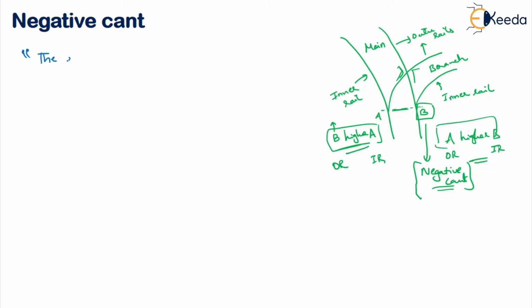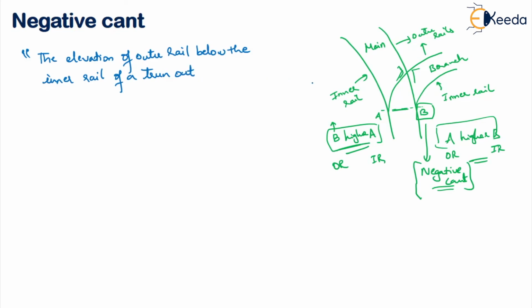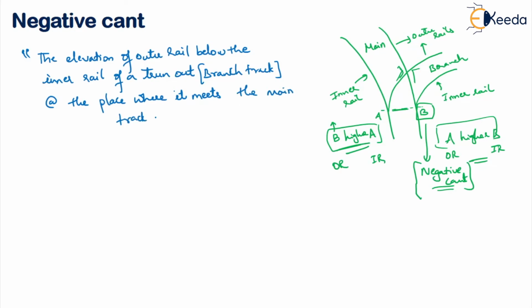So what does it say? The elevation of the outer rail below the inner rail of a turnout, which is nothing but the branch track, at the place where it meets the main track, is called the negative super elevation or negative cant.